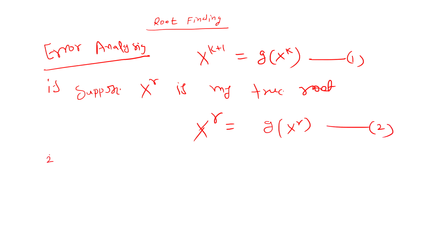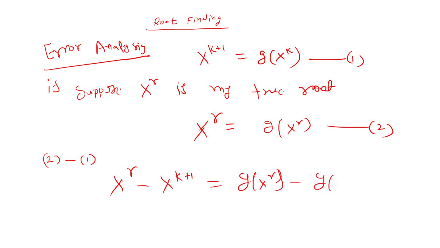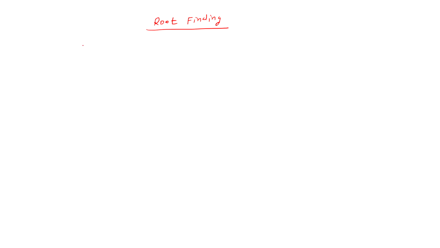So if I subtract second minus first, then it says that x r minus x k plus 1 is nothing but g of x r minus g of x k. This is my third expression. So note down this expression three: x r minus x k plus 1 is g of x r minus g of x k.